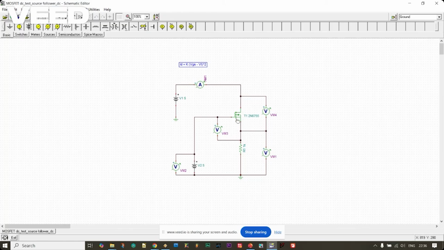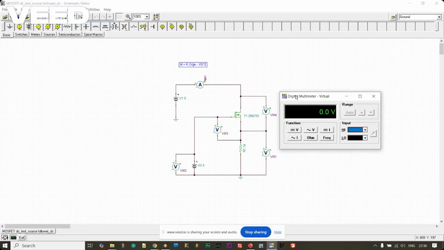The equation for ID is half mu n Cox W by L, that is K, into VGS minus VT the whole square. Like that we can find the drain current ID here. So let us see the voltage of the multimeter.